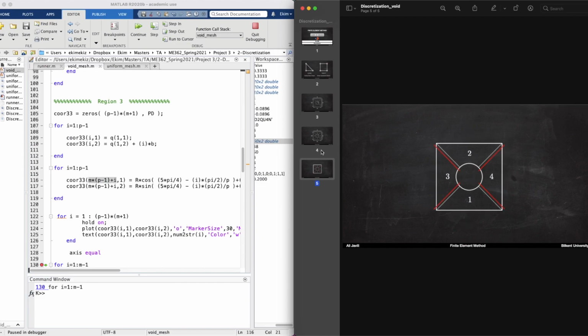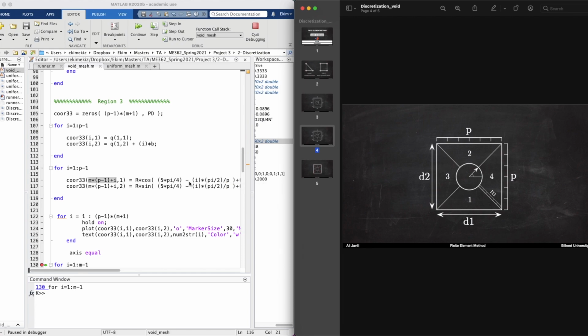And we're at region 3 now, and we're going from bottom to top. So we start from this angle, which is what? Pi over 4 times 1, 2, 3, 4, 5. So 5 times pi over 4 minus i times pi over 2 over p.